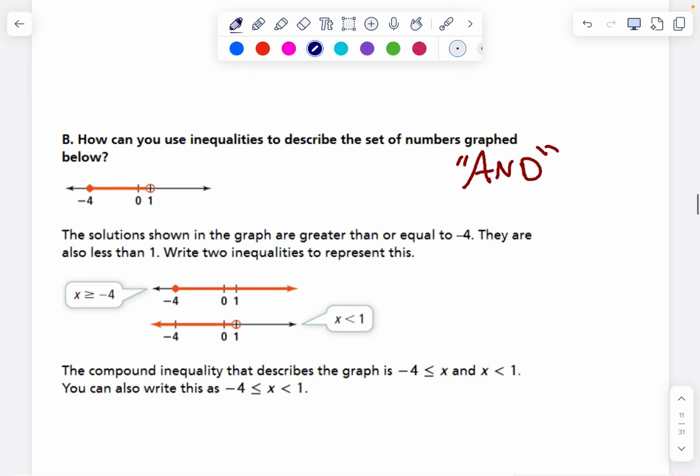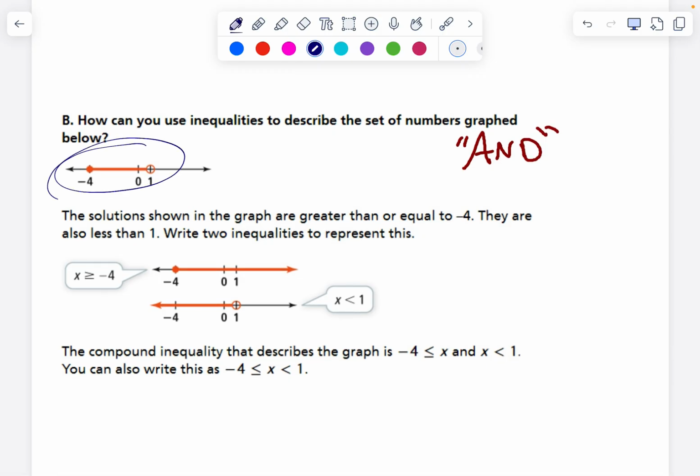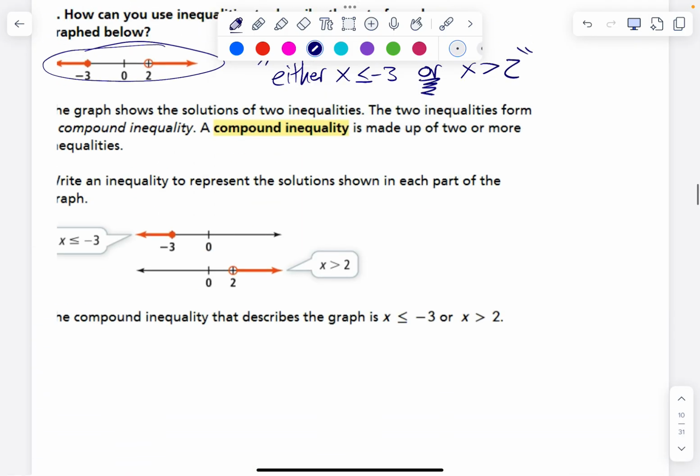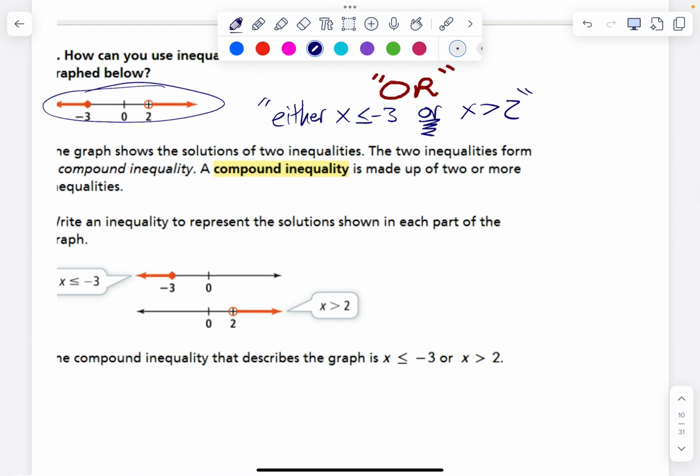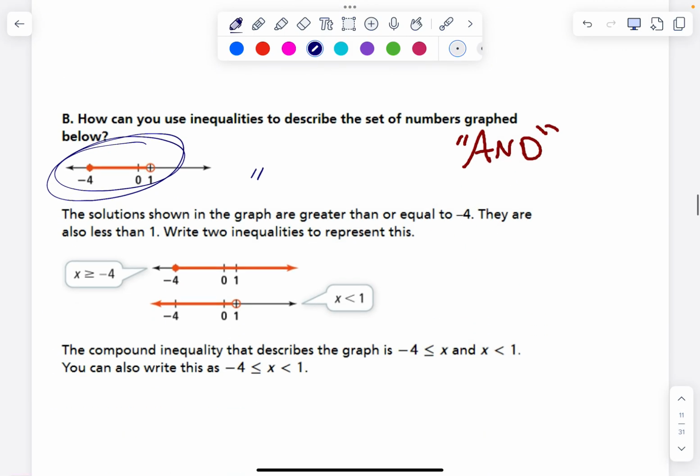Okay, here's the and case. Notice it's the one where the values are all in between. Can you guys tell me, up here I just wrote the quote marks, either x is, etc. Can you tell me what the quote would be for this one, the English version of what this inequality says?